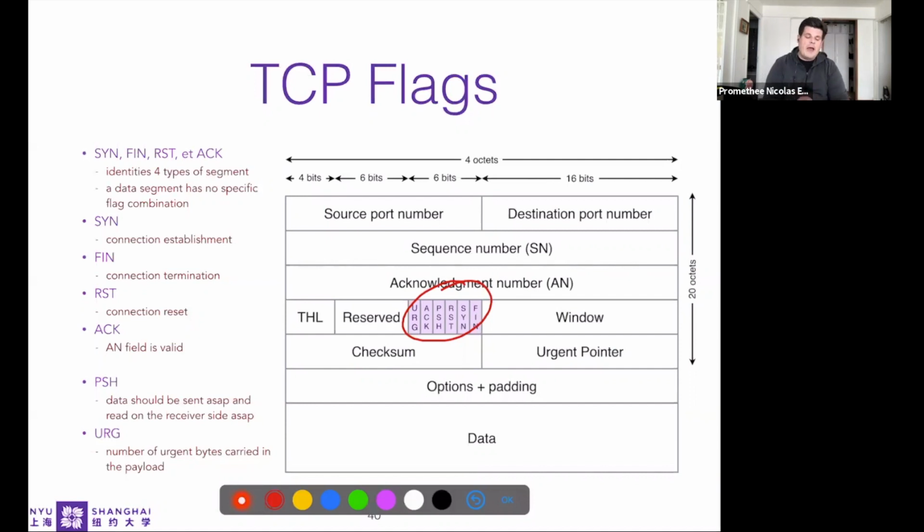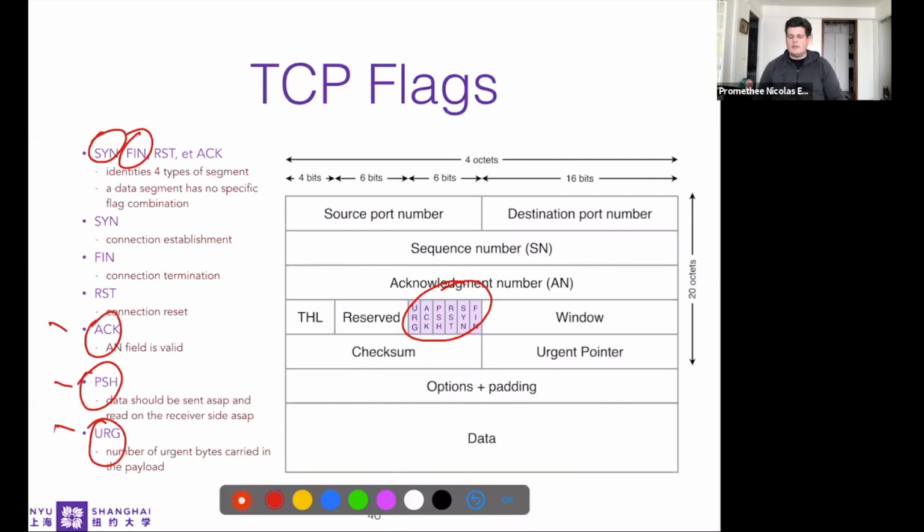We already said that we have the SYN and the FIN for the connection setup and teardown. We have the acknowledgement to make it reliable. We have the push and the urgent, and I'm going to try to explain later the reason we need those, but this is something that can be set with data. Acknowledgements as well, we can piggyback an acknowledgement with data.